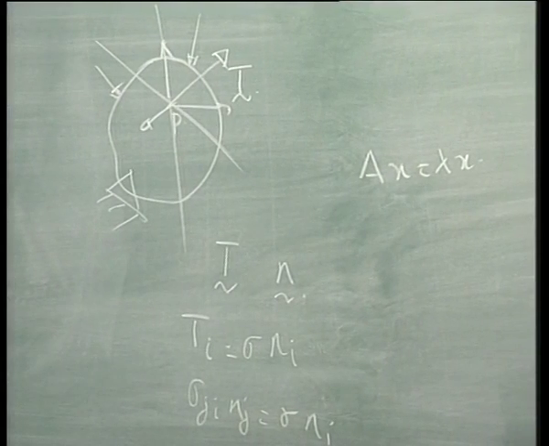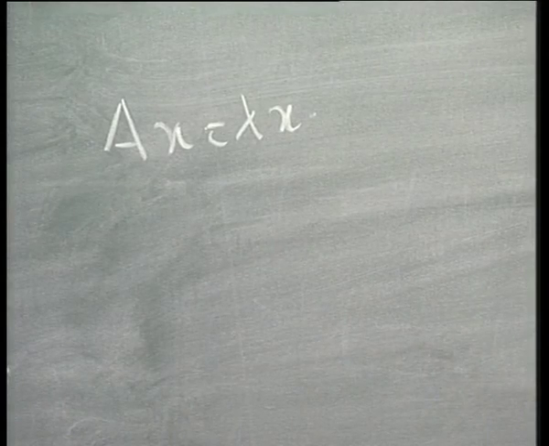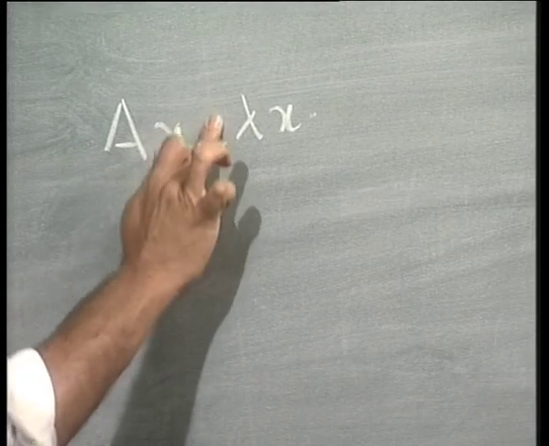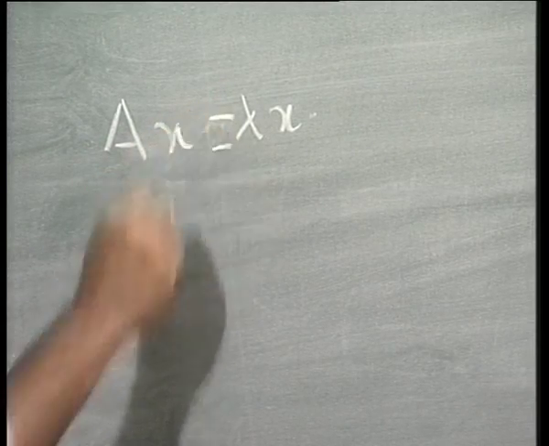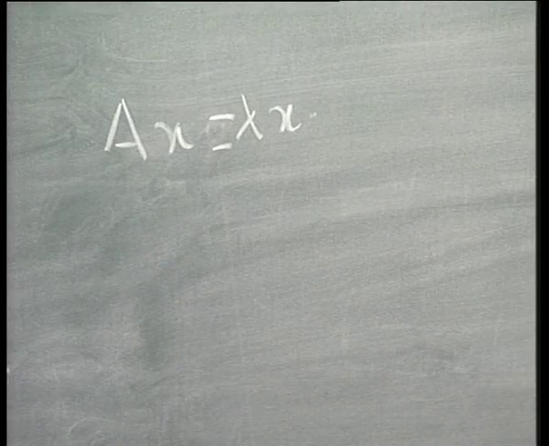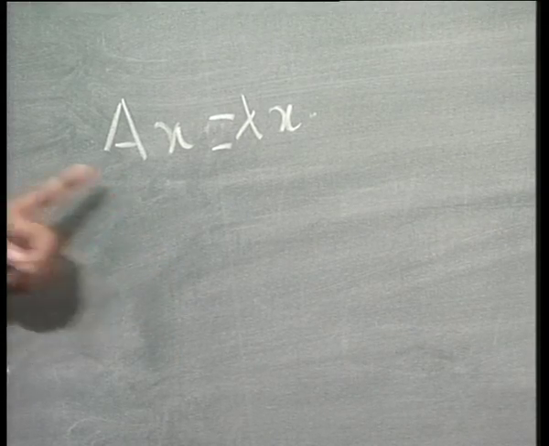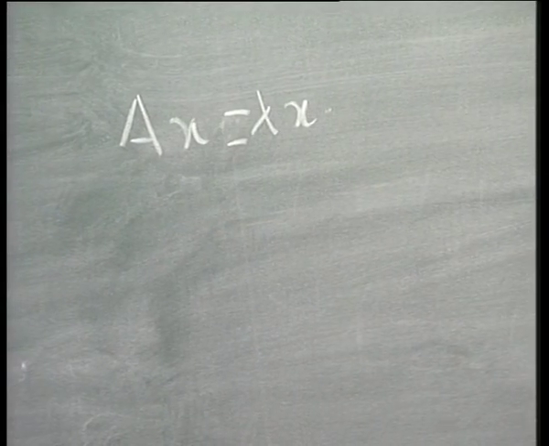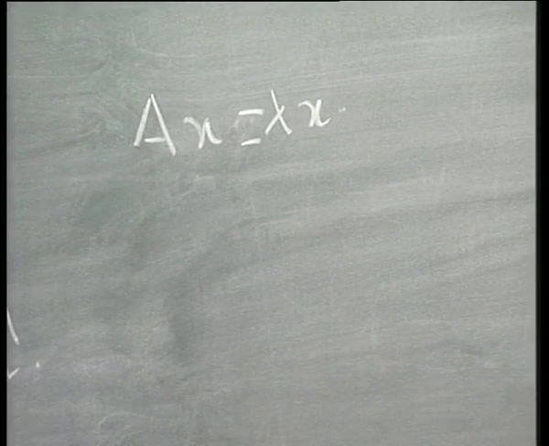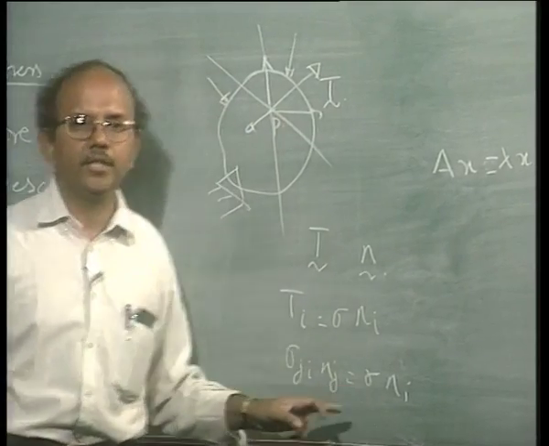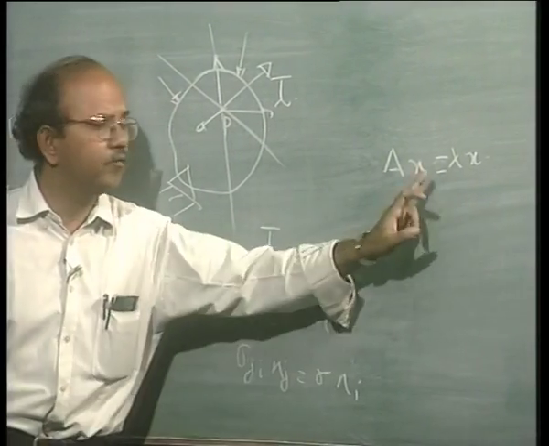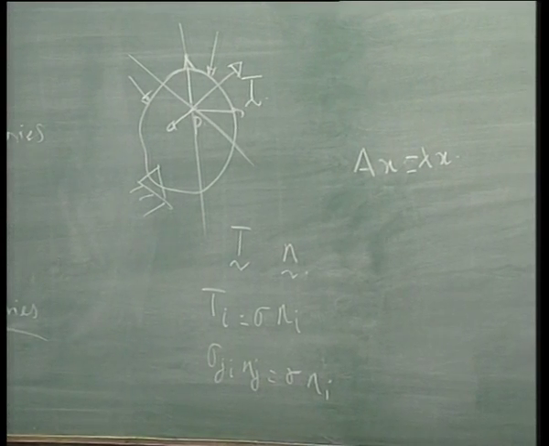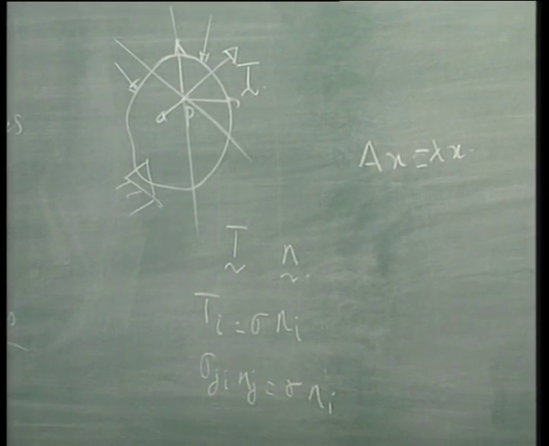Say A is a matrix, x is a vector, and Ax is equal to lambda x. What kind of problem is this? Correct. So, it is an eigenvalue problem. Compare this equation, sigma ji nj is equal to sigma ni, with this equation.